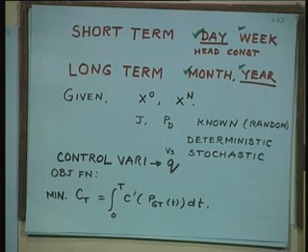Why we want to divide into two parts? Somebody may ask, normally you don't ask questions, but suppose you ask me questions. Okay, what is the great issue about it? Why don't you call it same, whether it is a day or a month or a week or a year? It's a hydrothermal optimization. No, the constraints change. If it is a day long problem you are solving, the head is likely to remain same. You treat a constant head.